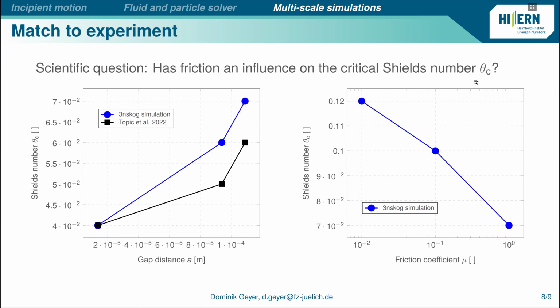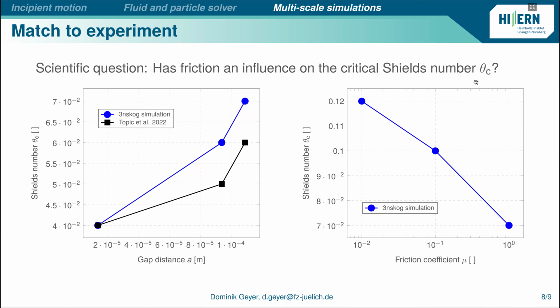Obviously, we match the experiments, as you can see here, for different gap distances. For the critical Shields number, you have the experimental data here, and you also have our simulation data. We match the experiments quite well.